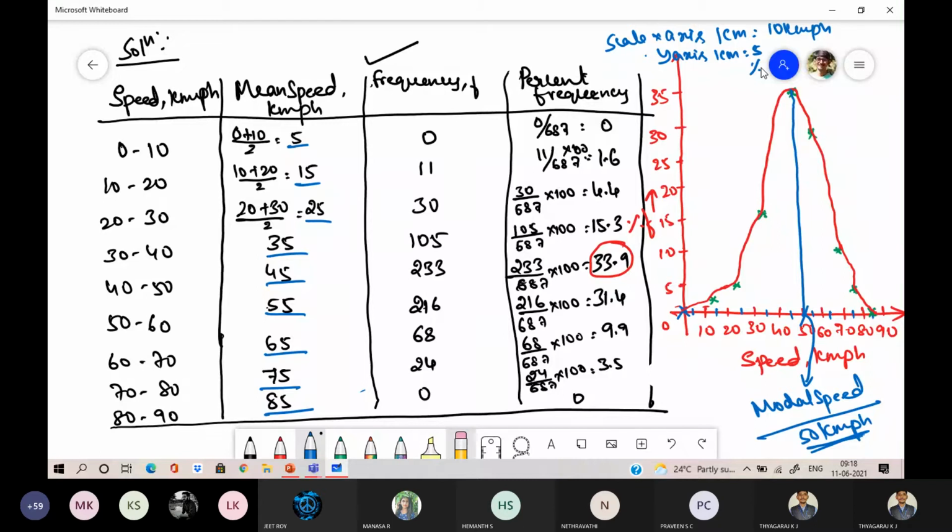Kindly plot it and check what value you are getting. I am getting 50 as my modal speed. We'll check how much you get as modal speed. Kindly check it.